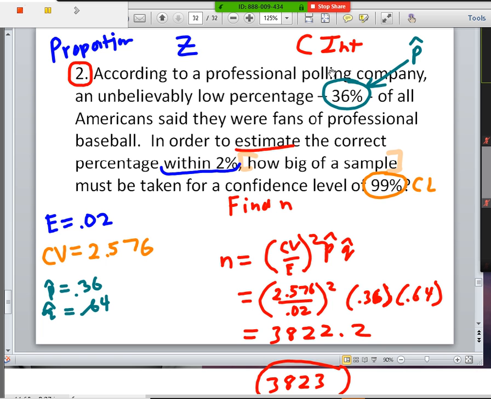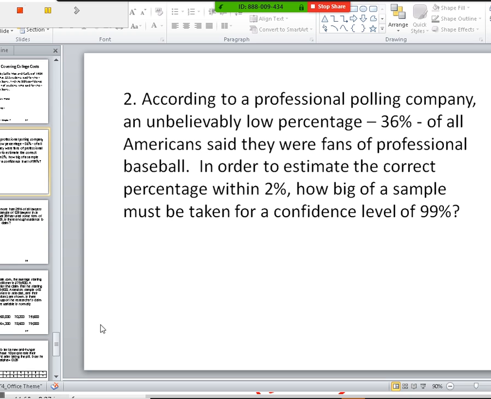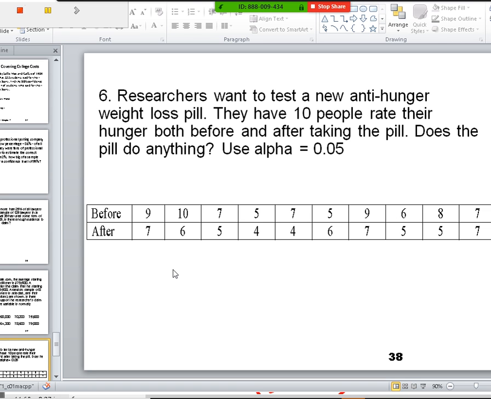The other thing that's going to happen pretty often is they'll take a look at this and treat it like two independent samples. They'll treat it like this is the first sample, find the mean and standard deviation of the top one, and the mean and standard deviation of the bottom one, and that's completely wrong. You'll get the wrong answer. These are matched up. When they're matched up like this, then it's dependent and you have to subtract them, and then you just run a one-sample t-test on their differences.